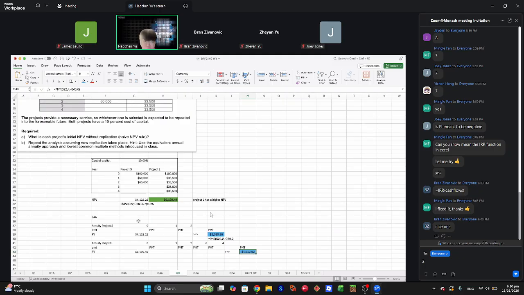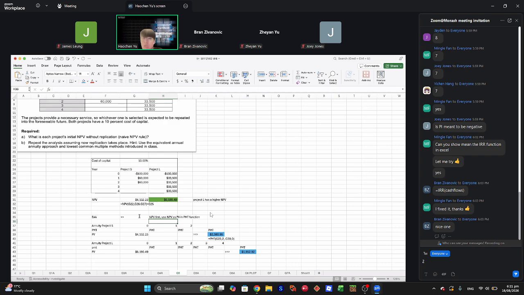But if you just want to memorize how to do the calculation, you do not have the formula of EAA in your formula sheet. The general idea is to calculate NPV first. Then use NPV as the present value in the PMT function.